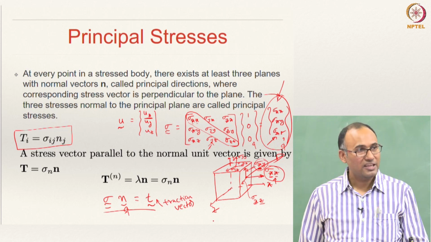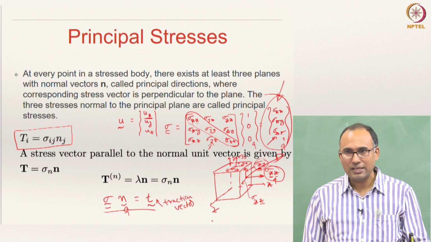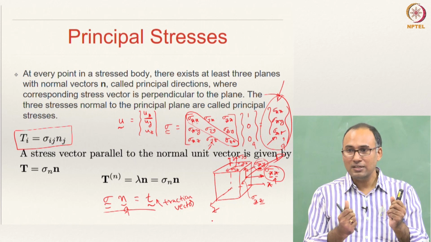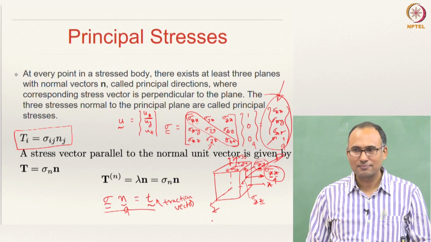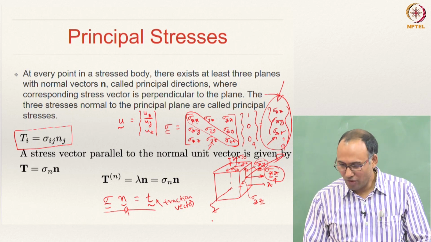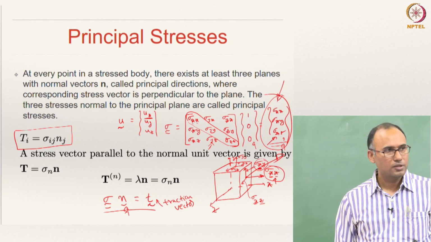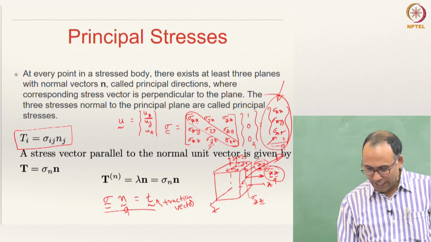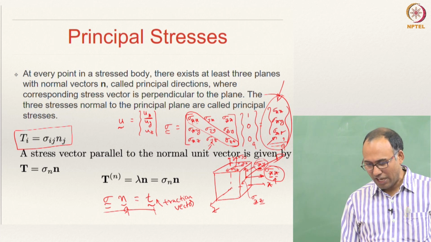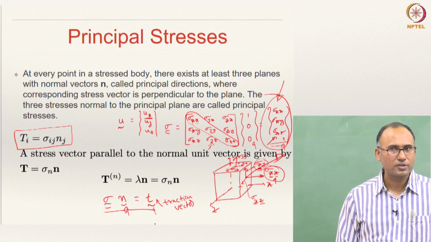What happens if the direction of that vector happens to be in the same direction as the normal to the plane? Is the question clear? You have obtained this vector, so you have got sigma times n equal to t. n has a certain direction, and t in general may have some other direction.